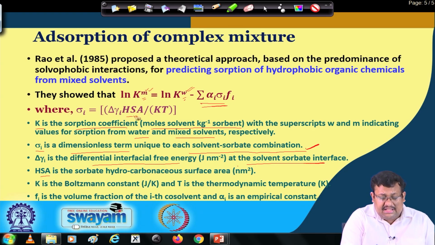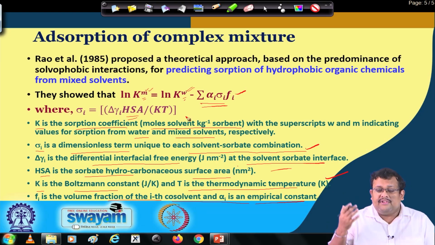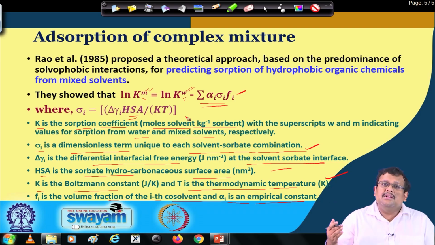HSA is the sorbate hydrocarbonaceous surface area, k is the Boltzmann constant in joules per Kelvin, and T is the thermodynamic temperature in Kelvin. Here f_i is the volume fraction of the ith co-solvent, and alpha_i is the empirical constant. This is how we define each of the terms, and remember, sorption of organic chemicals from a complex mixture to the soil surface generally follows this mathematical equation.